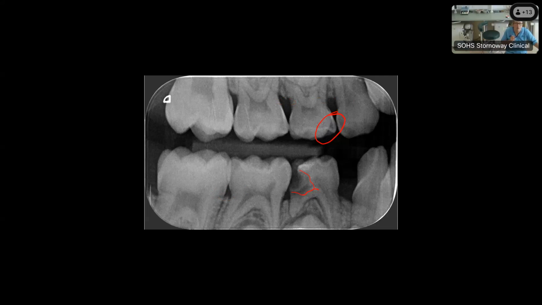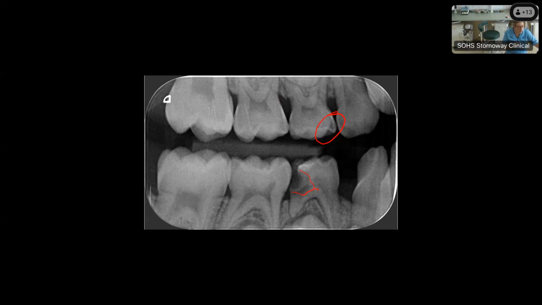This all comes down to anatomy. Can we call this one cusp of Carabelli? So it's not a cusp of Carabelli because that's on a 6, but that is just a cusp. Oh, yeah, it's just a thinner part of the tooth. A thin bit of tooth is a lot less dense than a thick bit of tooth.